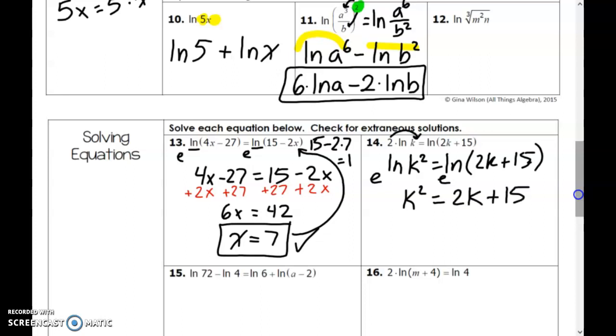And now, since we have a quadratic, let's get all of our variables on one side and solve for k. So k squared, moving the 2k over, moving the 15 over, equal to 0. I need two numbers that multiply to 15 and add to negative 2.